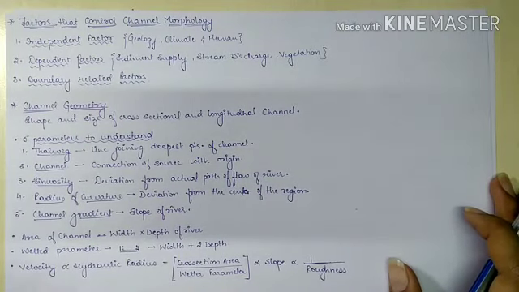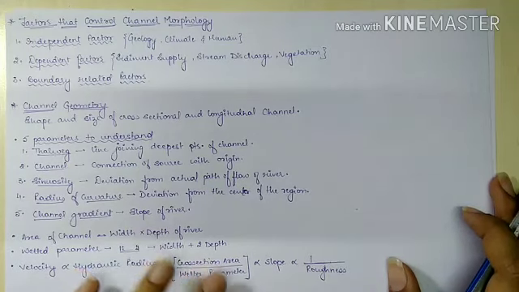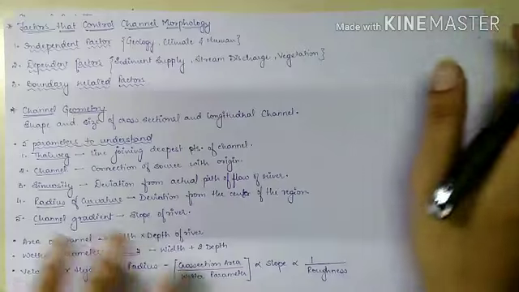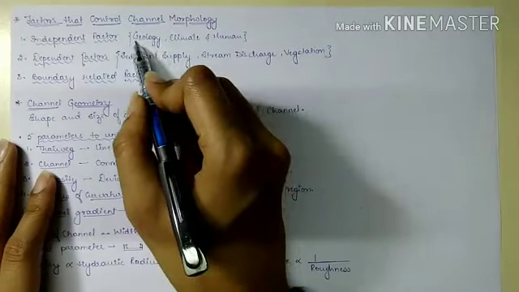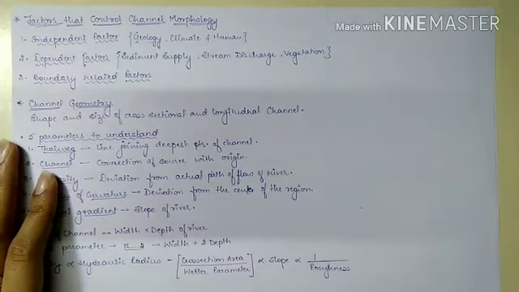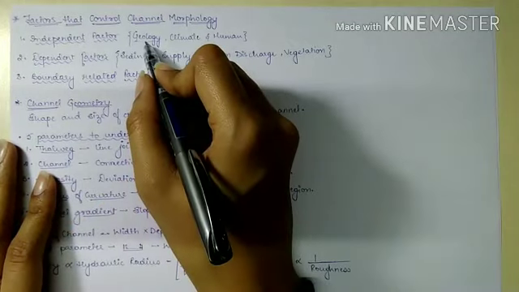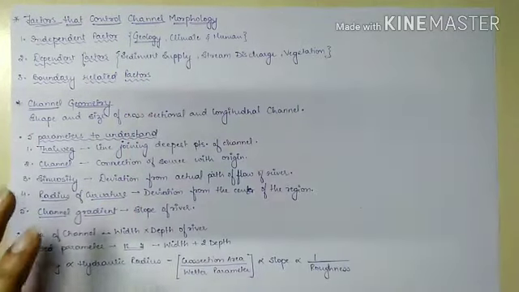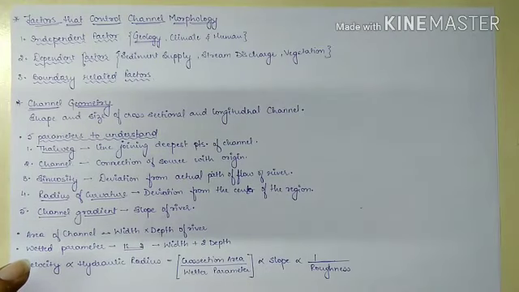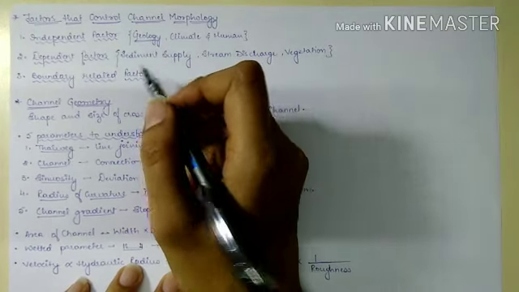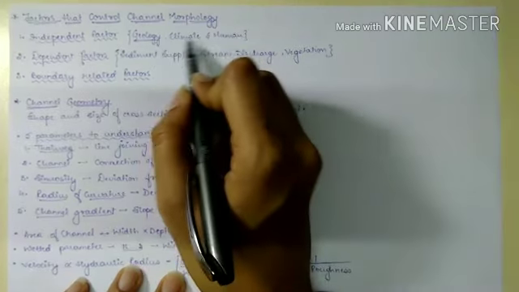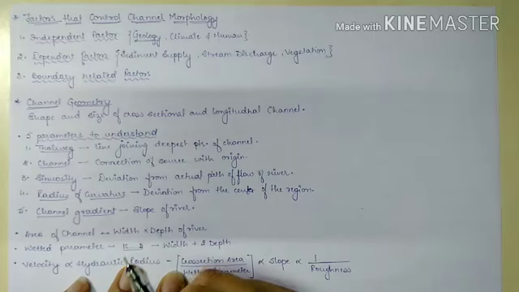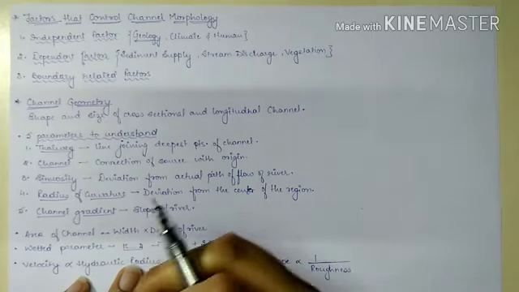These are related to landscape aspects like geology, climate, and human activity. Geology consists of exogenetic and endogenetic processes, and these are the main controllers of channel morphology. They determine the dependent landscape variables of sediment supply or stream discharge.